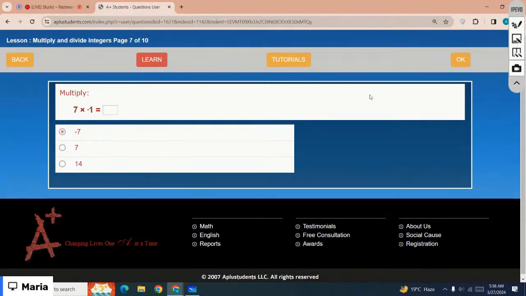Option number 1 is the correct option. Negative 5 times negative 1, which is the correct option? Option number 1 is the correct option. Negative 5 times negative 1 is positive 5.